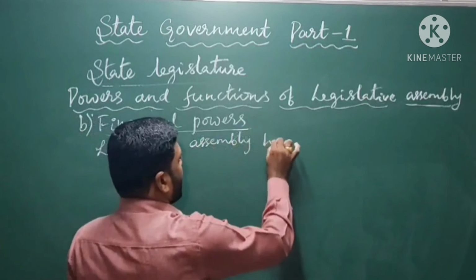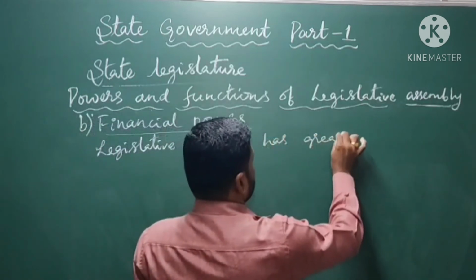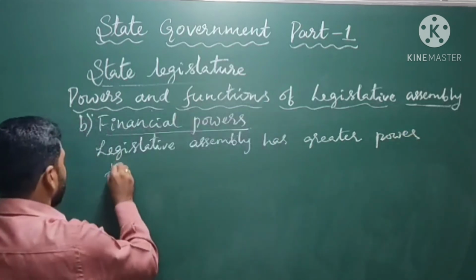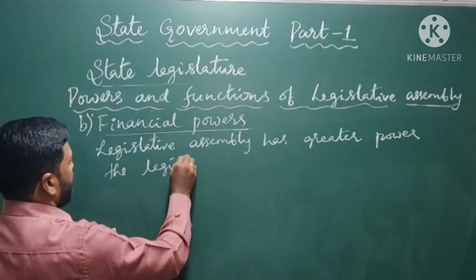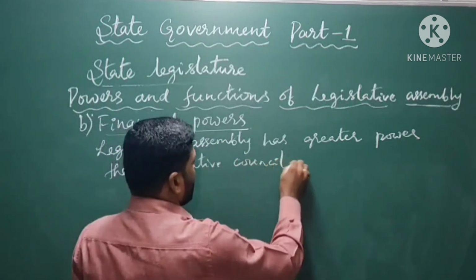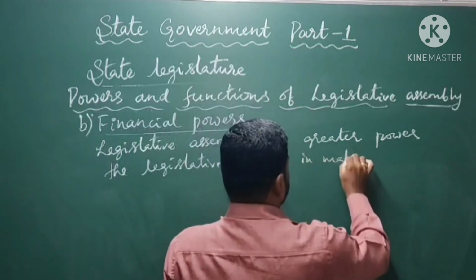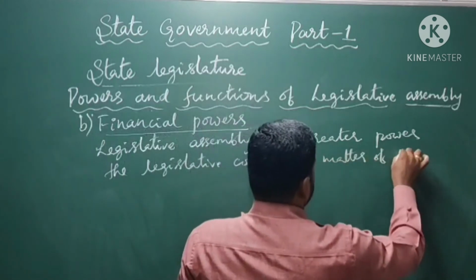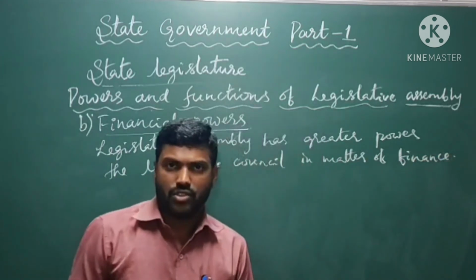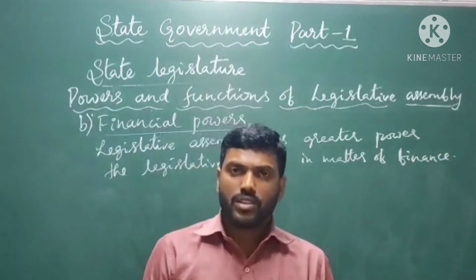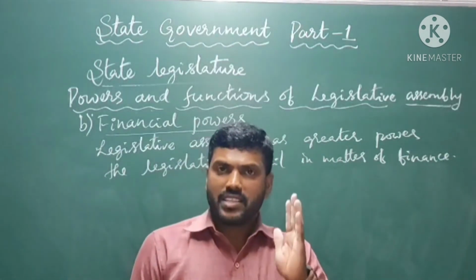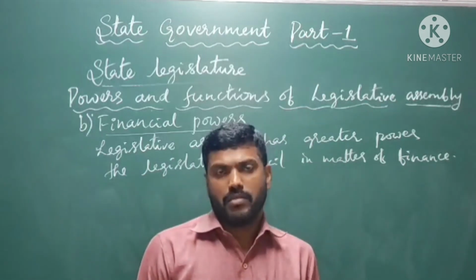The assembly has greater power than the legislative council in matter of financial bills, because a financial bill is first presented only in the legislative assembly.